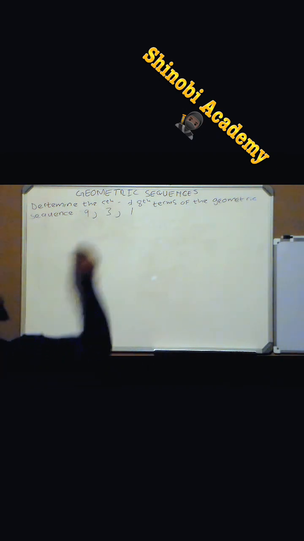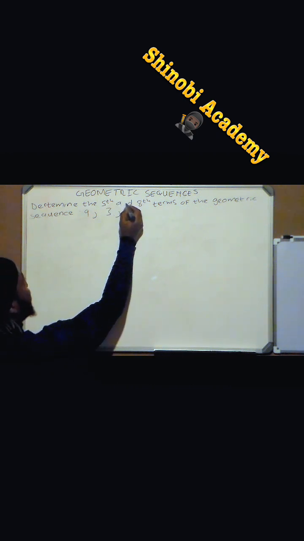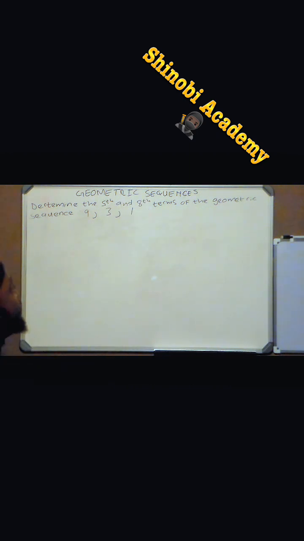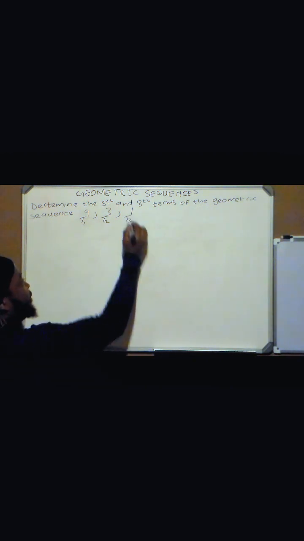Anyway, so they say here determine the 5th and 8th terms of the geometric sequence 9, 3, 1. By looking at this sequence we can tell that this is our first term, this is our second term, this is our third term, and we have already derived the general equation for the geometric sequence.